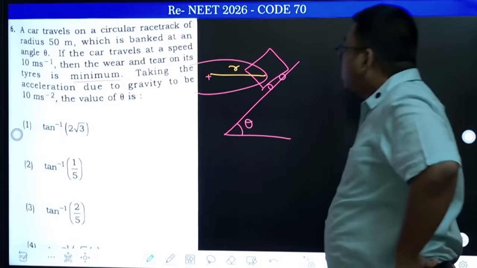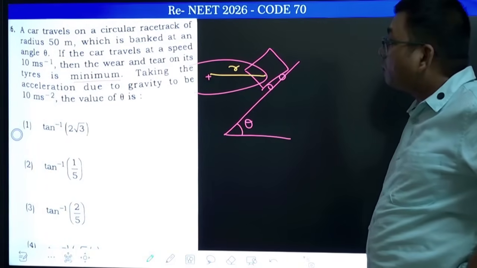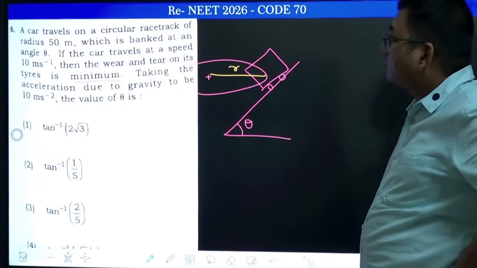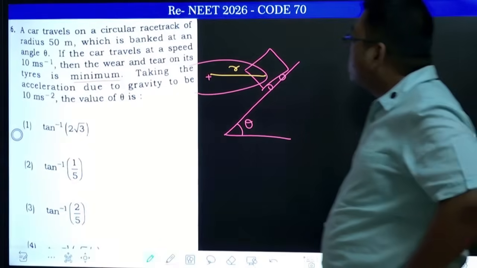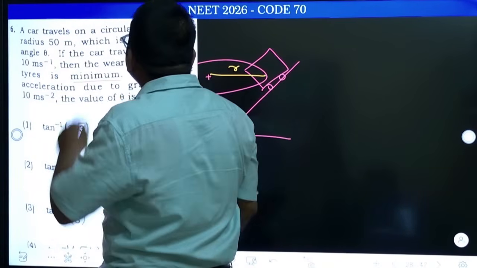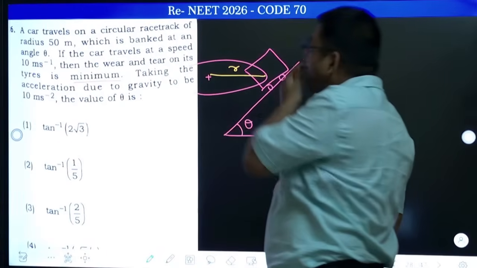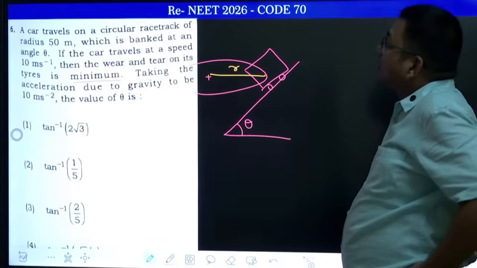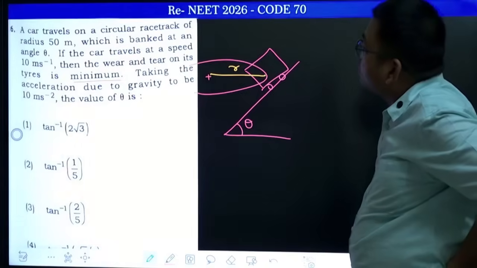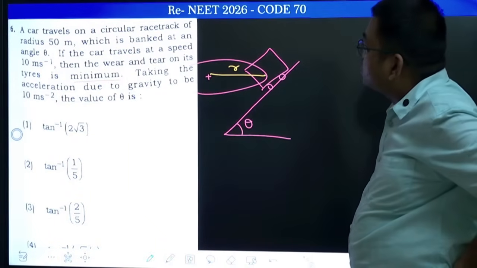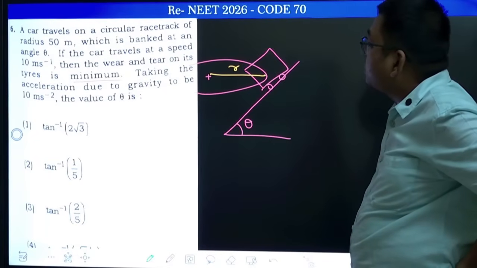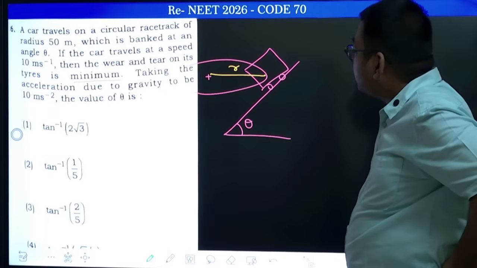So we need to think about the formula for friction. They have given the speed. Should we take the minimum speed or maximum speed condition? The friction is going to act as mu times normal, and normal will be mg cos theta only.